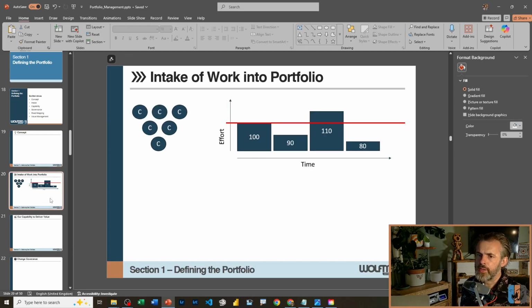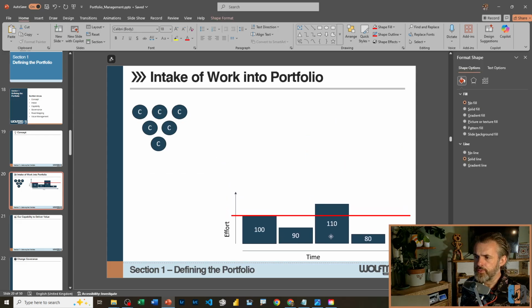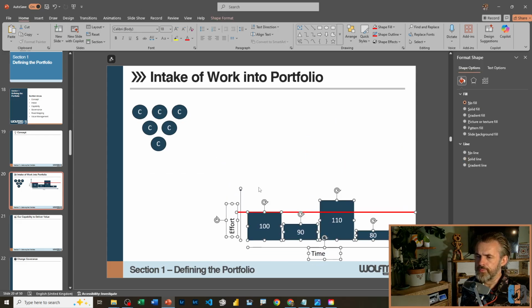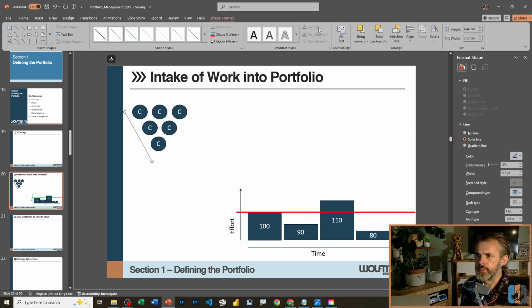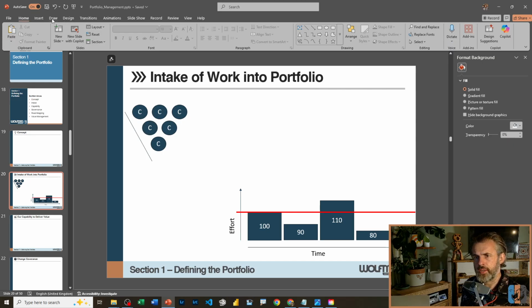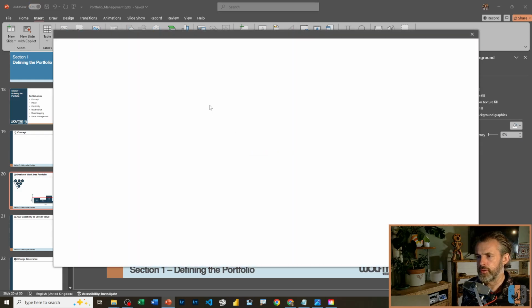Coming back to our new concept, our intake, we know that this is what the portfolio looks like at the moment, and we've got a funnel of work here.